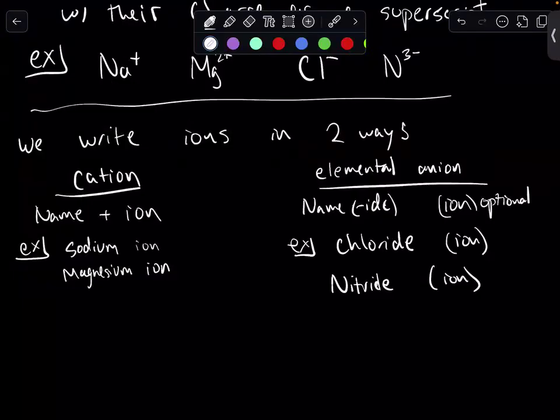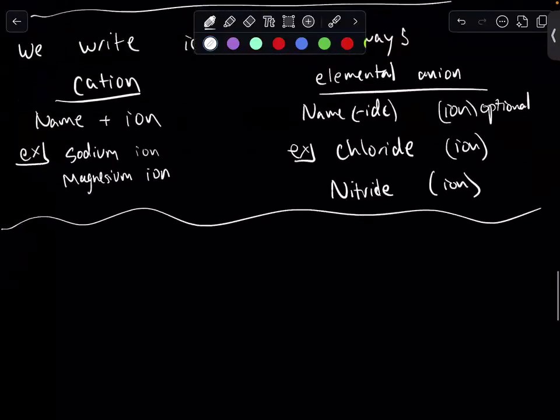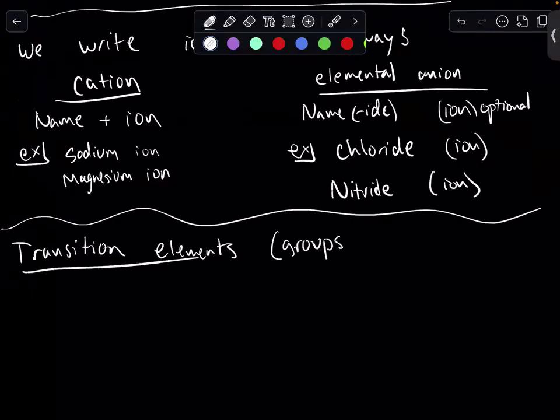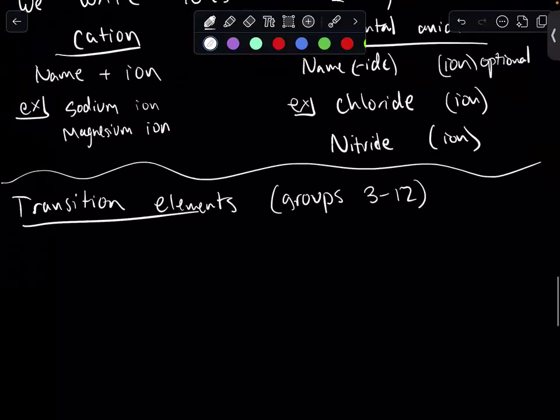So lastly, the last part of this whole thing is what about transition elements? Because we've been skipping them. Transition elements are groups 3 through 12 on the periodic table, that big middle section.